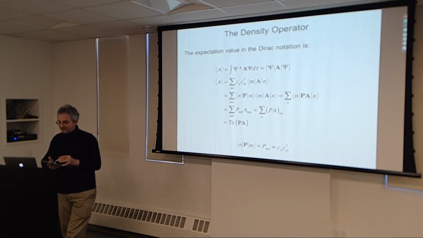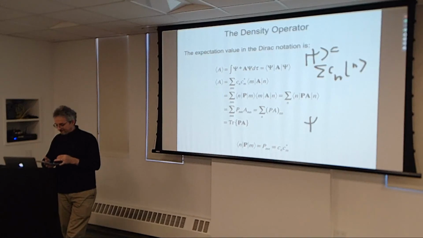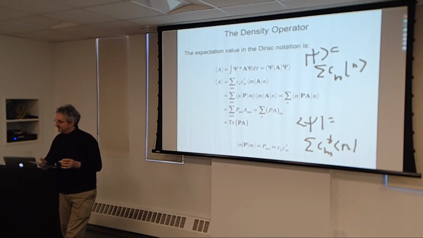And now if I substitute in, if I said that, for example, the ket psi was equal to the sum of some coefficients times the basis kets, and the bra would be equal to the sum of the complex conjugate of the coefficients and the bra of the basis functions, the complex conjugates.